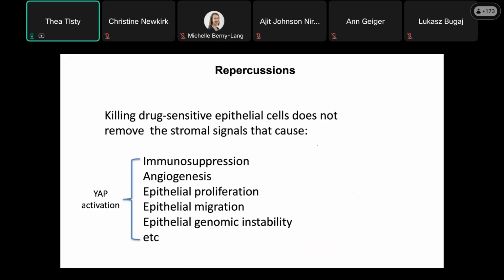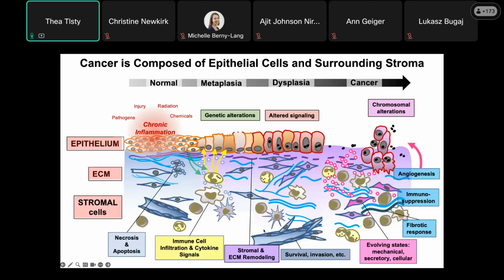So I want to point you to this last point, that killing the drug-sensitive epithelial cells, whether it's with standard therapy or precision therapy, does not remove the stromal signals that still exist, and they cause immunosuppression in this area, angiogenesis, epithelial proliferation, migration, genomic instability. All of those are still there.